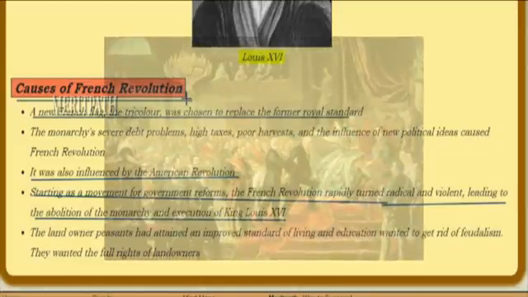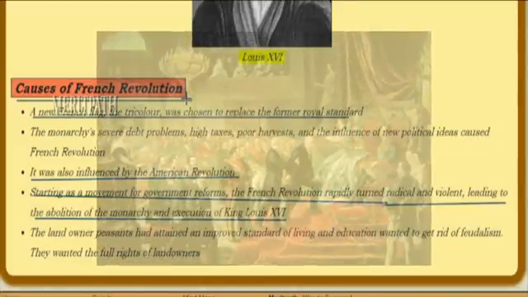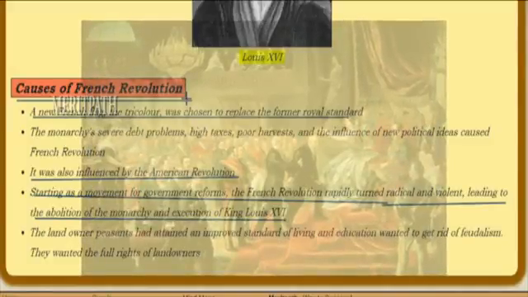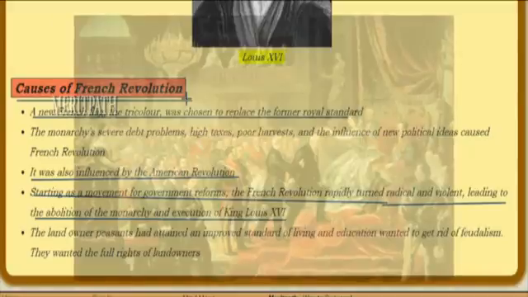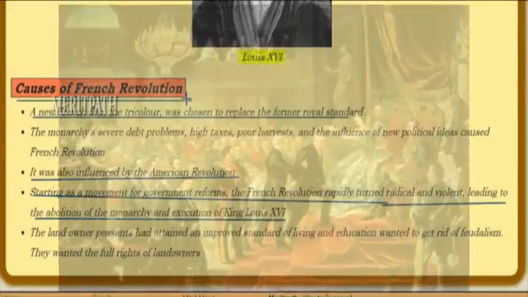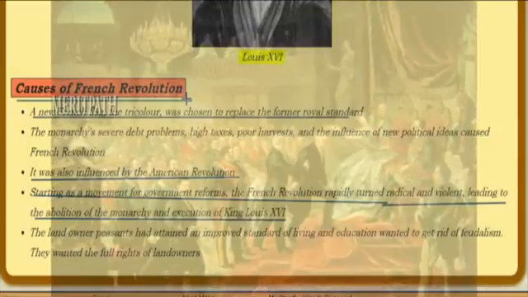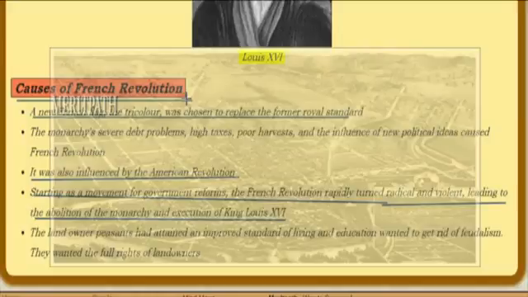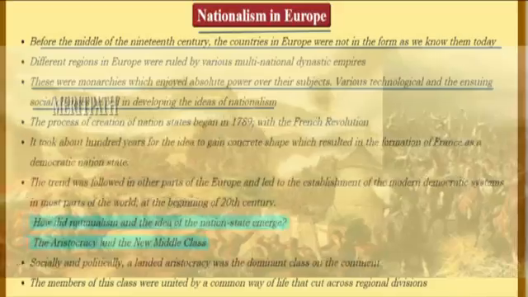Starting as a movement for government reforms, the French Revolution rapidly turned radical and violent, leading to the abolition of monarchy and execution of King Louis XVI. Landowner peasants, who attained an improved standard of living and education, wanted to get rid of feudalism. They wanted the full rights of landowners.